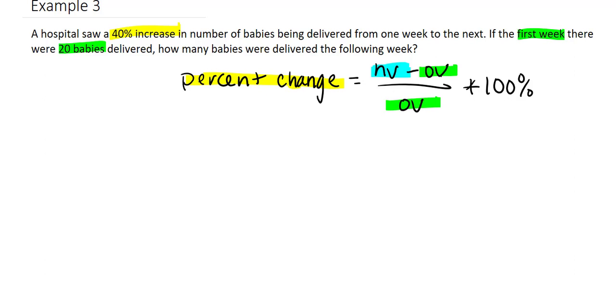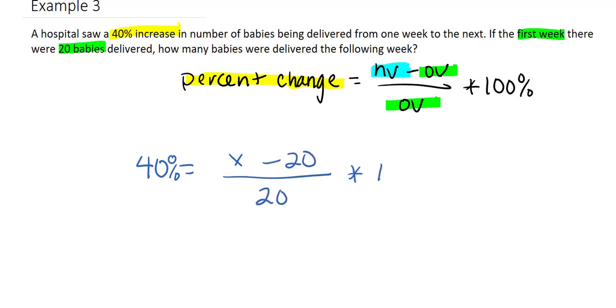So let's go ahead and start to solve. So 40%, we can just go 40% equals new value, so that would be x, then minus 20 over 20 times 100%.